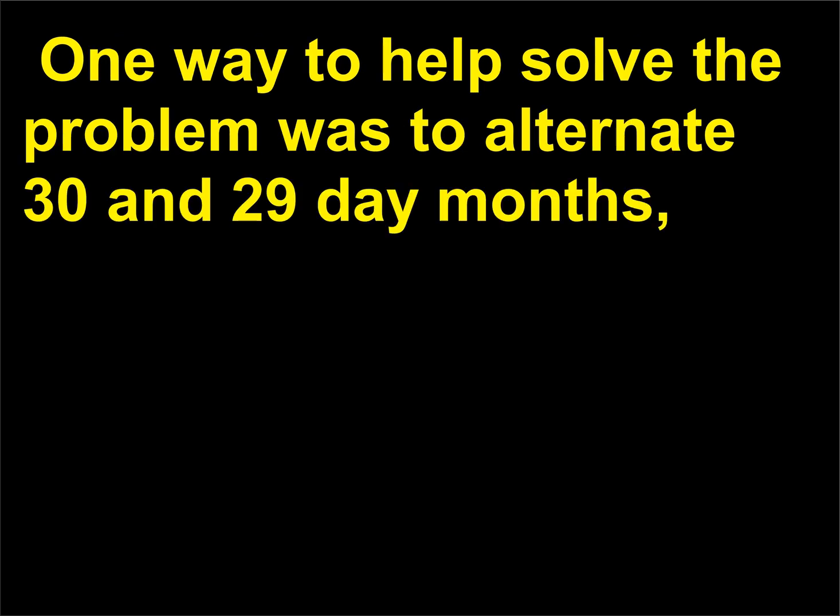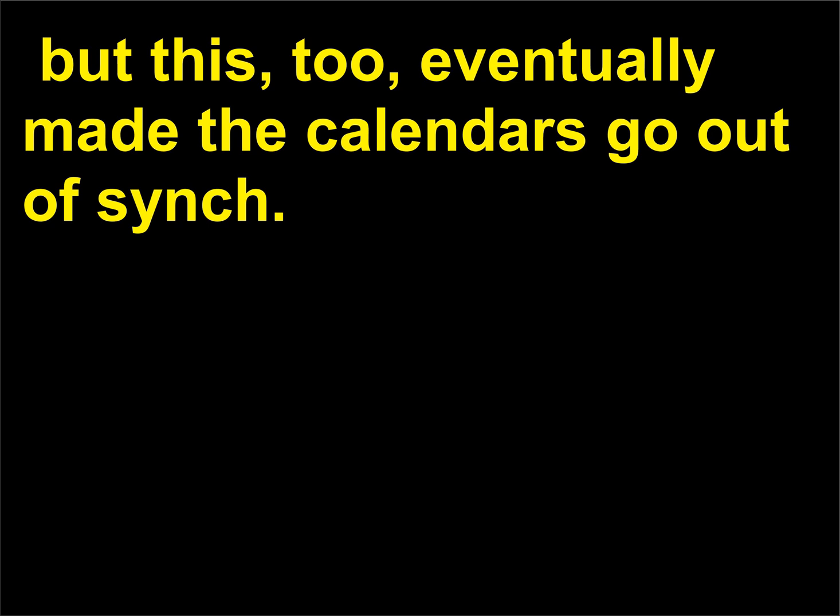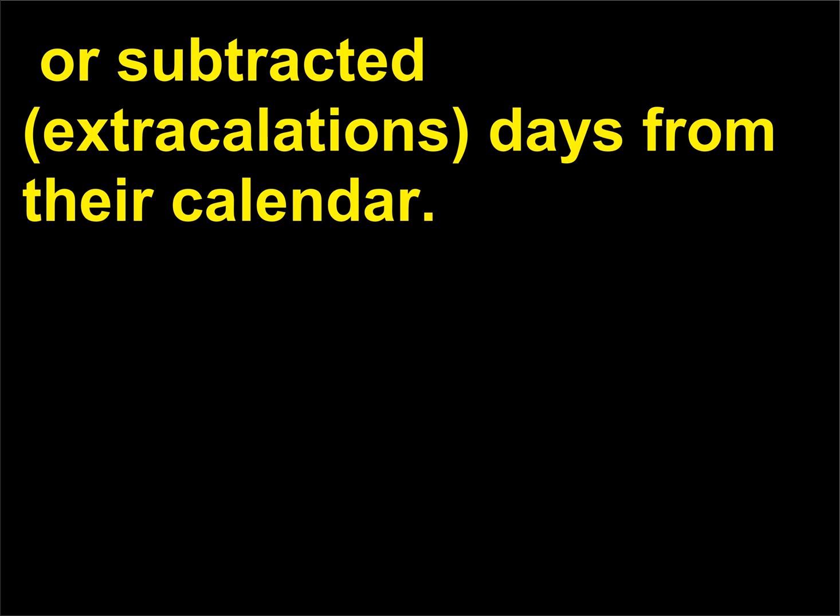One way to help solve the problem was to alternate 30 and 29-day months. But this, too, eventually made the calendars go out of sync. To compensate, certain cultures added intercalations or subtracted extracalations days from their calendar.